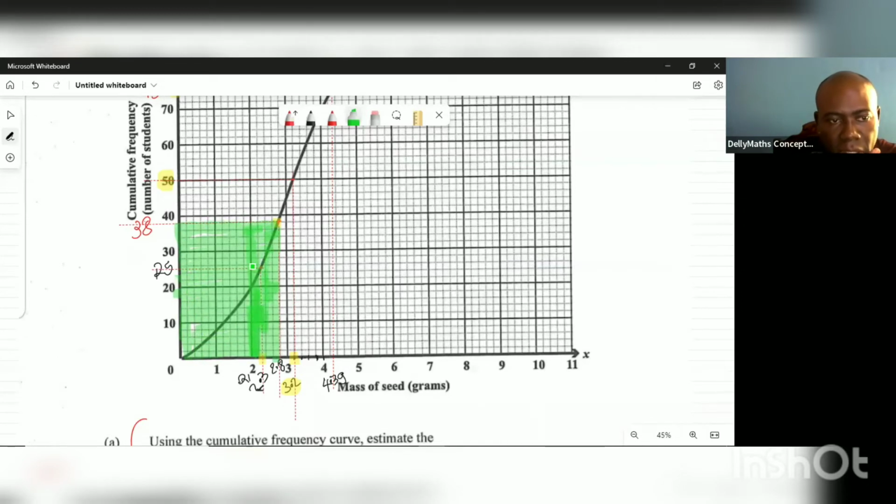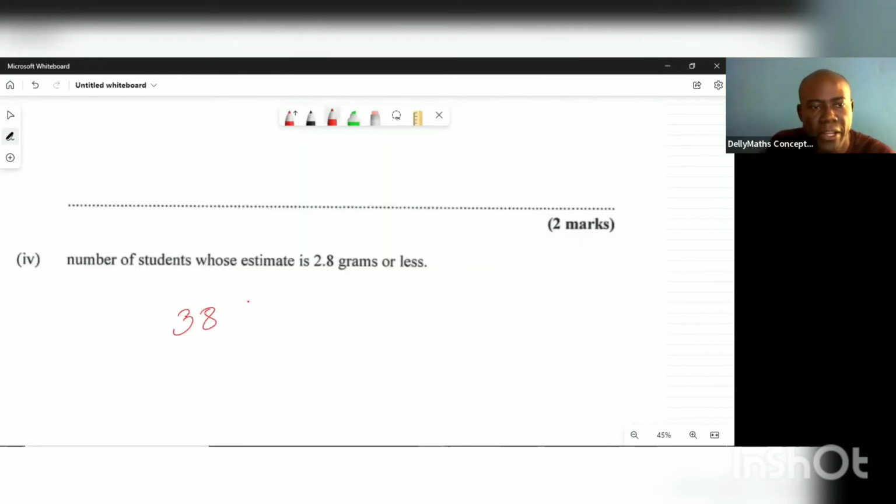So we're talking about this rectangular region, that's the people. And this is where we'll have a 38 coming back down. So everybody in that region. So the answer for that is 38 students.